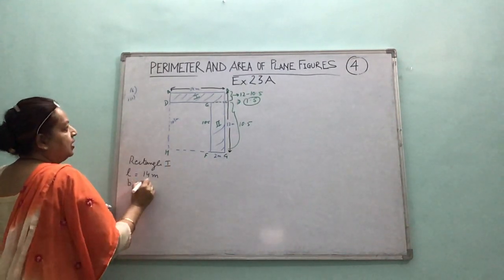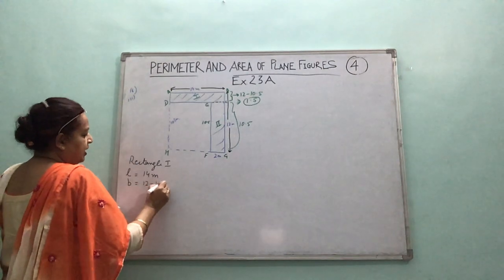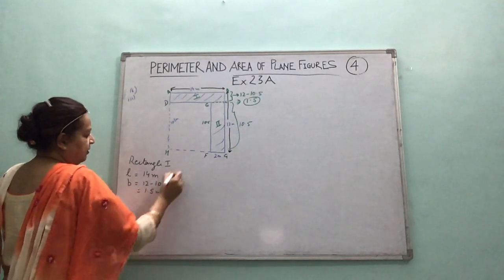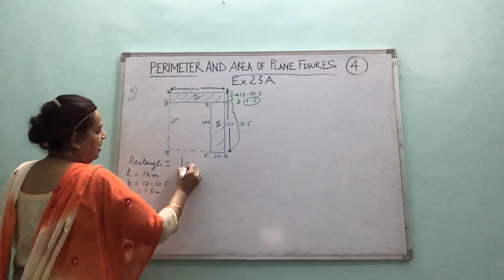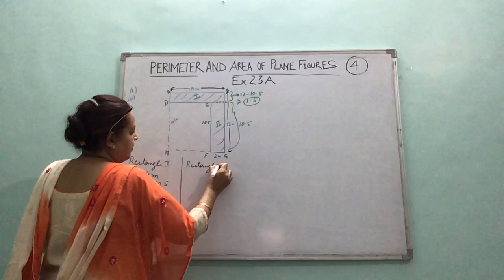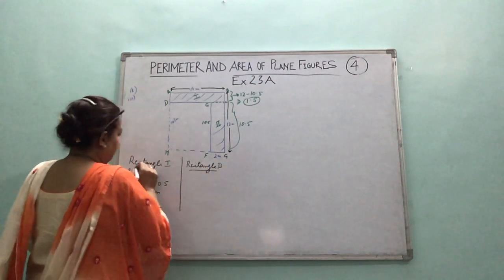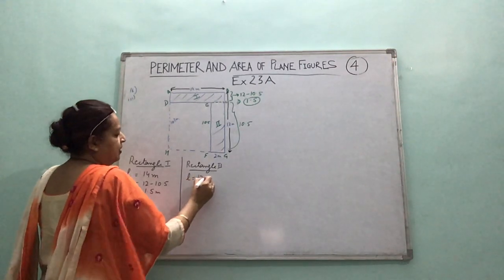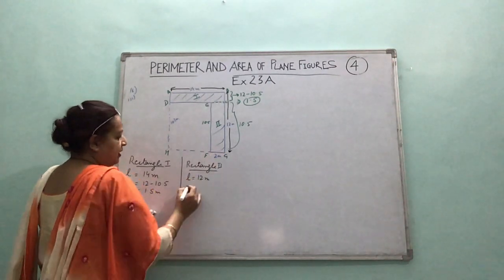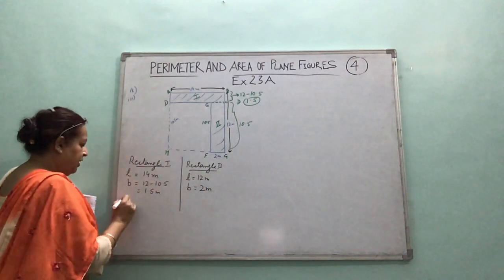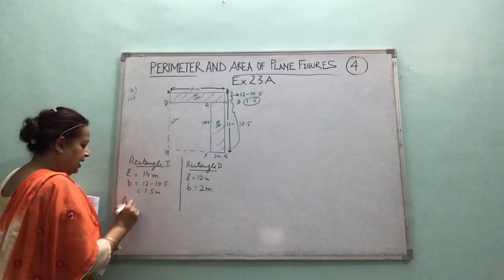Width is 12 minus 10.5, which is equal to 1.5 meter. Then rectangle 2, the second rectangle. Length is 12 meter and width is given clearly. Width is 2 meter. We have to find the area in this case.